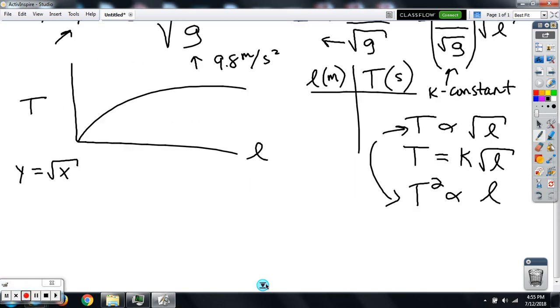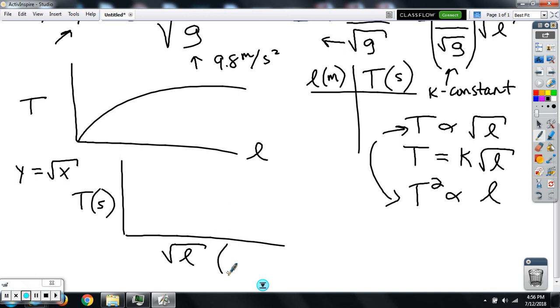Let me just say one other thing about this. If I wanted to produce a straight line, what would I need to graph? I'm keeping t up here on my y-axis, and square root of L, which should have units of square root of meters, on my x-axis.